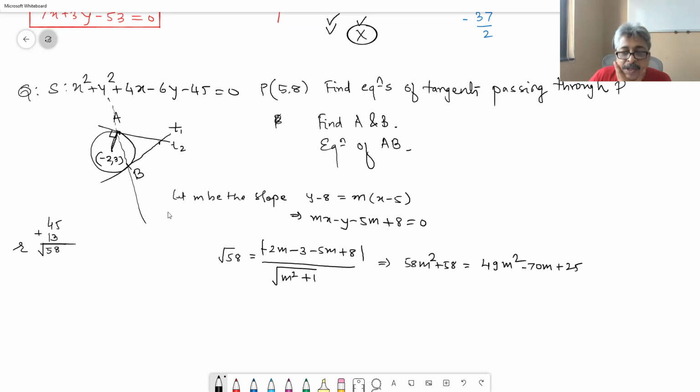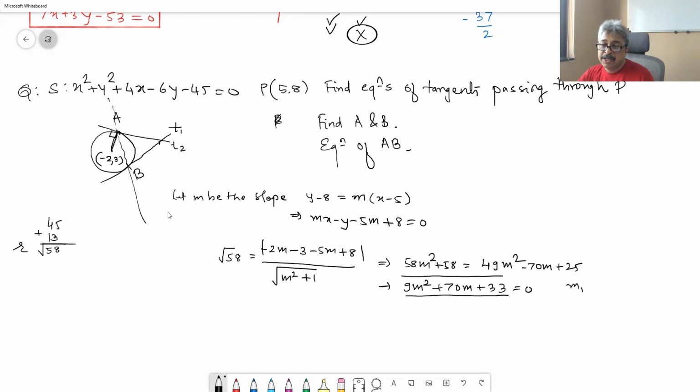Is that correct? Yes. So if you bring everything to one side, we now get 9m square plus 70m plus 33 is equal to 0. Now, of course, the roots of this are going to be bad.